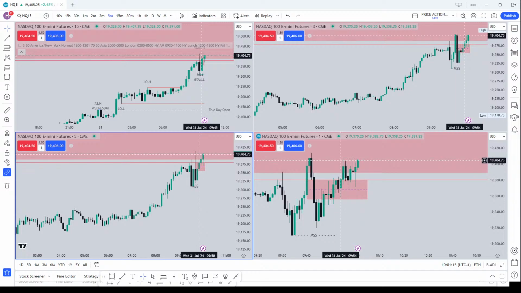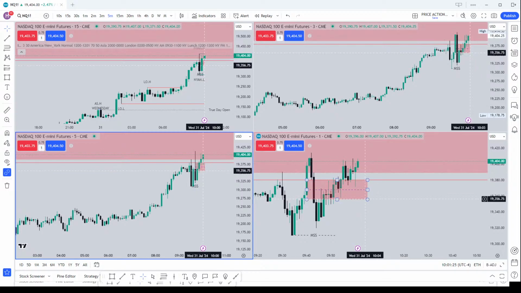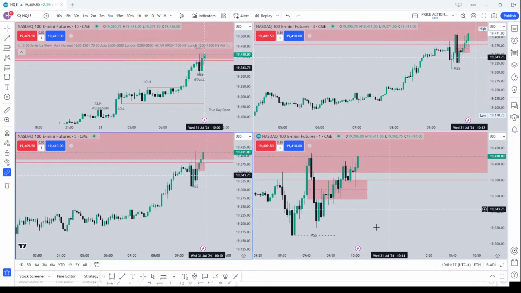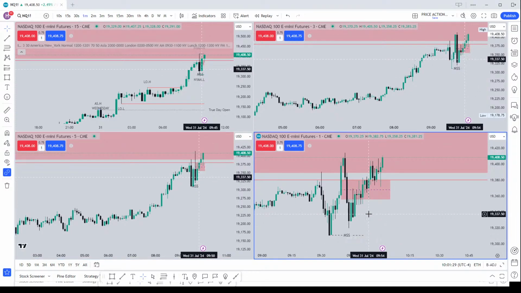So it took out these highs, took out these lows, and now it doesn't want to go higher, or doesn't want to come back down here and then go back higher. Typical FOMC movement.